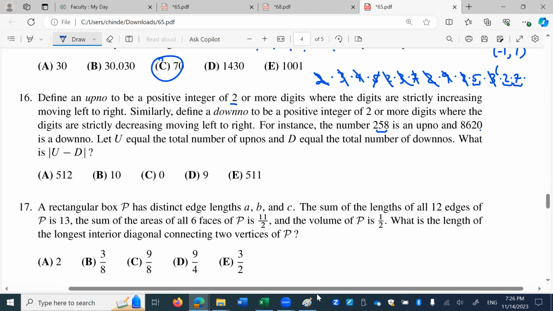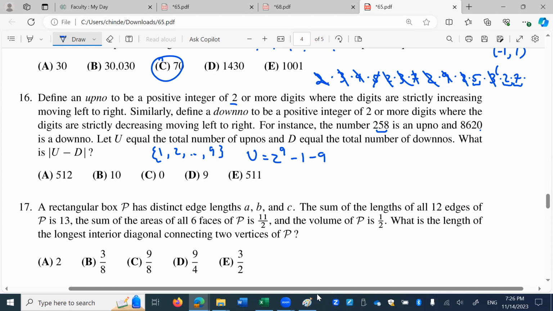Well, how many upnos are there? I think that the way to think about it is that if I select any subset of the digits from 1 through 9, then there's exactly one way to make an upno. So there's 2 to the 9 subsets, but I can't have the empty subset, and I can't have a single digit number, so I'll remove those subsets.